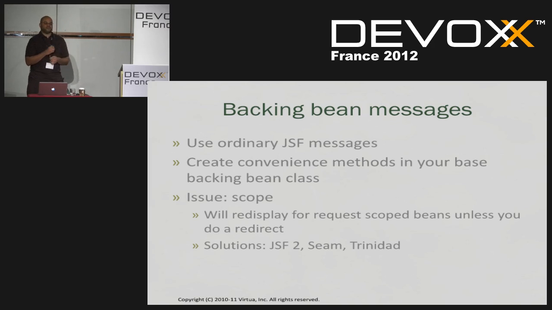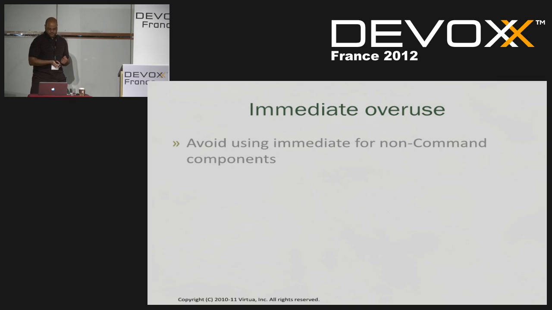What's going to happen is the one with immediate set to true, its value is going to be updated and everything before conversion and validation happens for the second control. Sometimes that's what you want because maybe there's some behavior you want to occur in between there, but often it's not. So the idea is to try and avoid using it for non-command components.